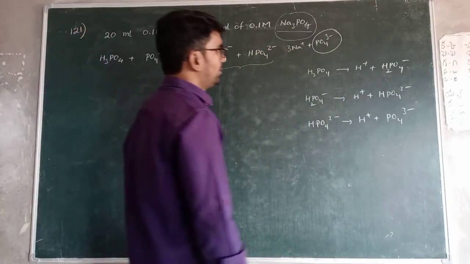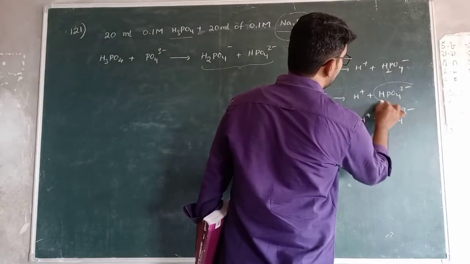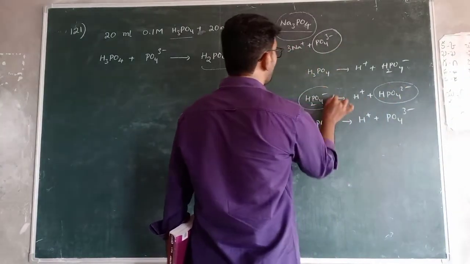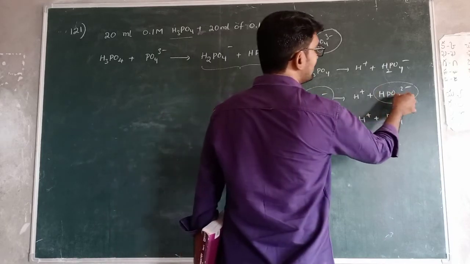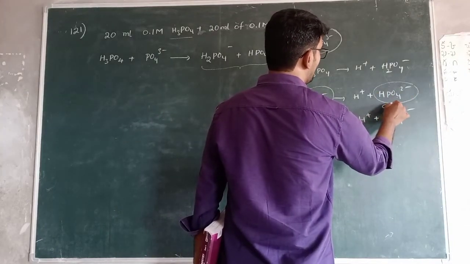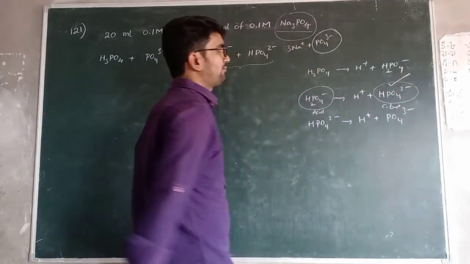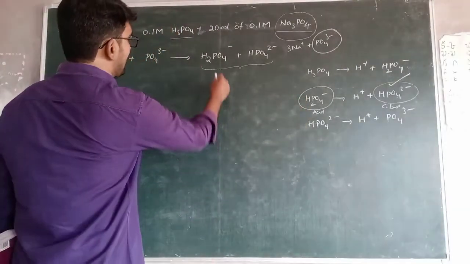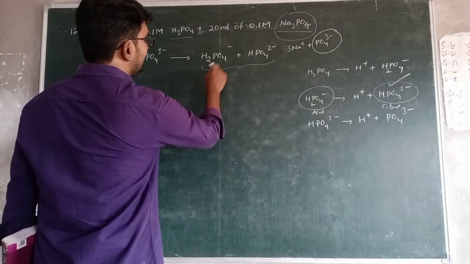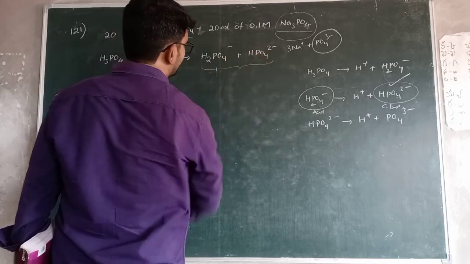Simply, HPO4 2 minus is coming from H2PO4 minus, so H2PO4 minus is taken as an acid and it gives its conjugate base. Conjugate base means it forms a salt from this acid. So this part acts as acid, and this part acts as a salt.